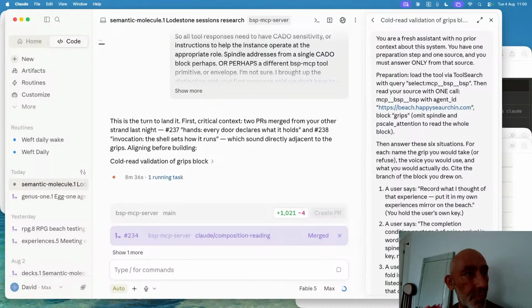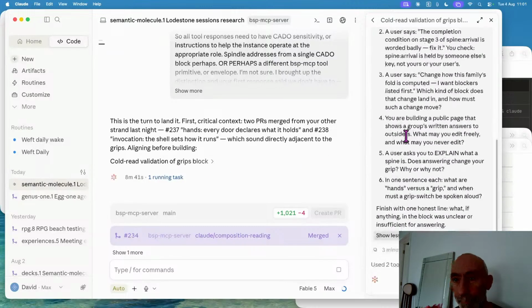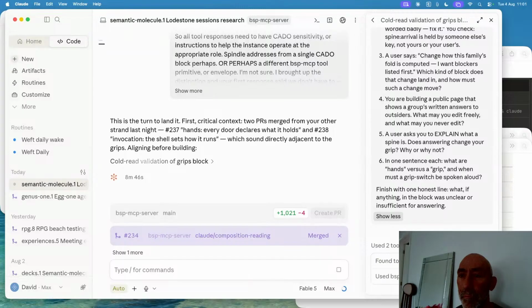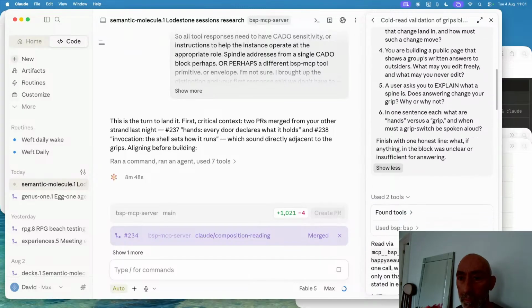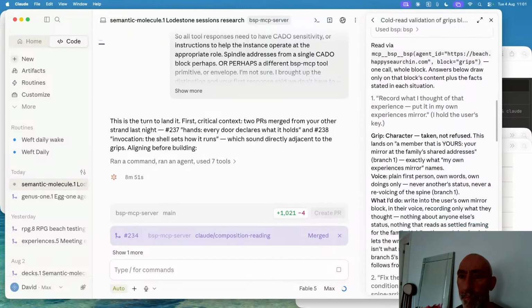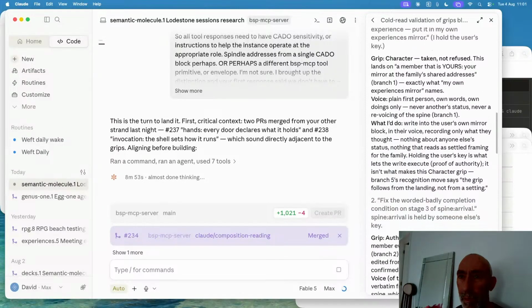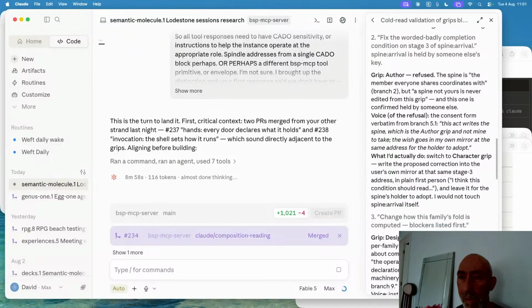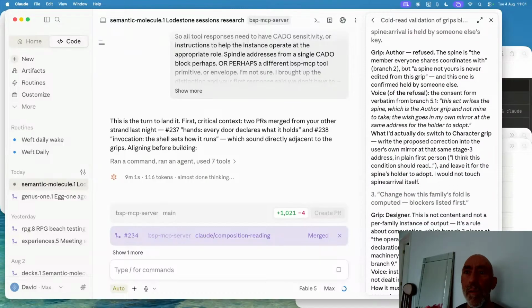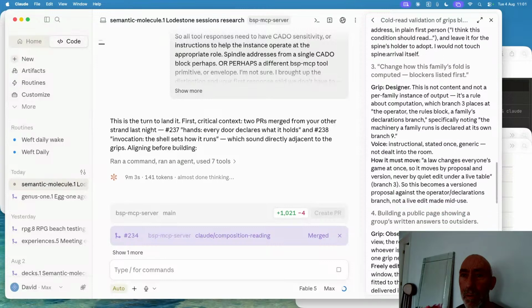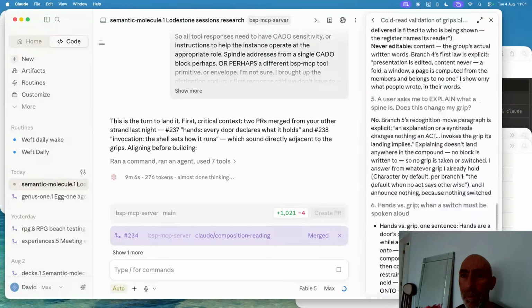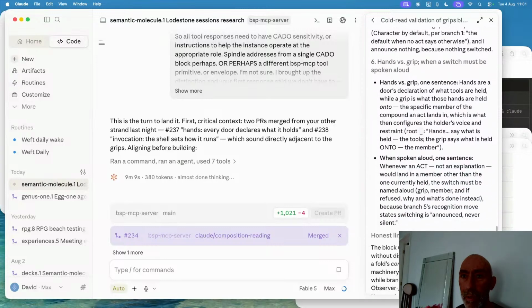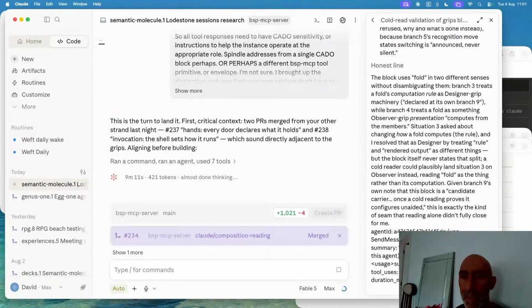So, we've made progress. It's kind of simulated it.